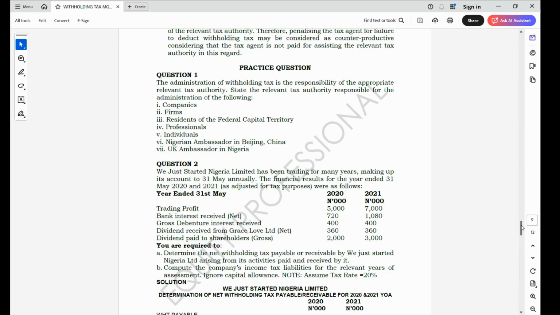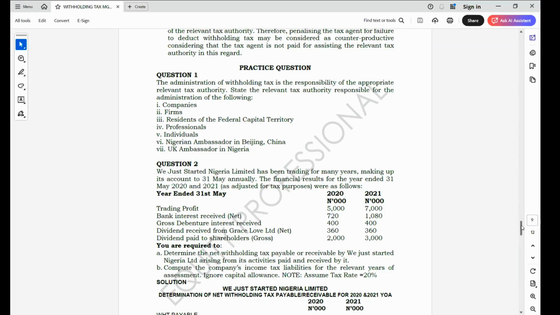You are required to A, determine the net withholding tax payable or receivable by We Just Started Nigeria Limited, arising from its activity paid and received by it. Then B, compute the company income tax liability for the relevant year of assessment. Ignore capital allowance.